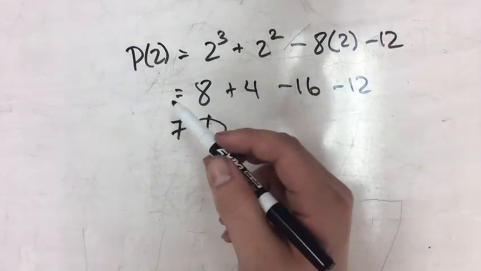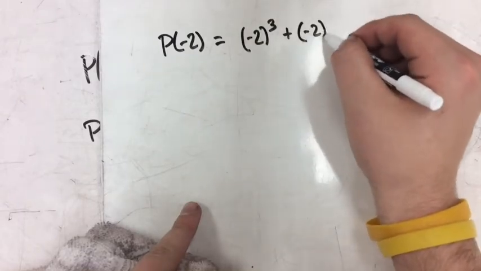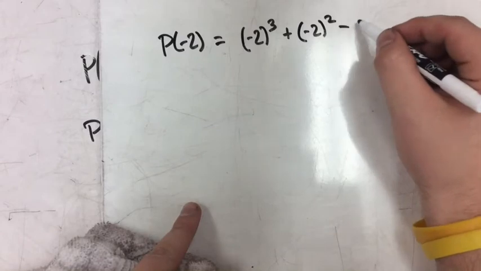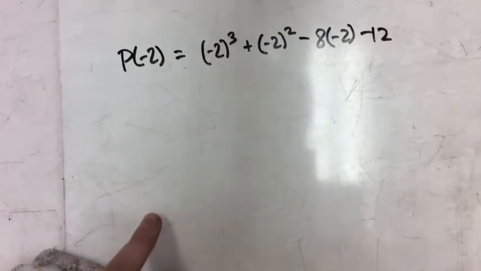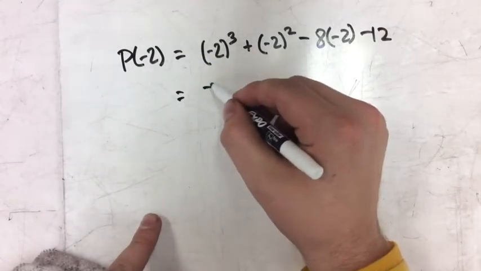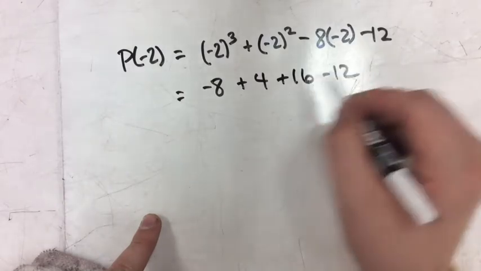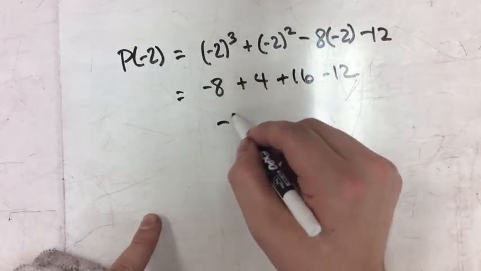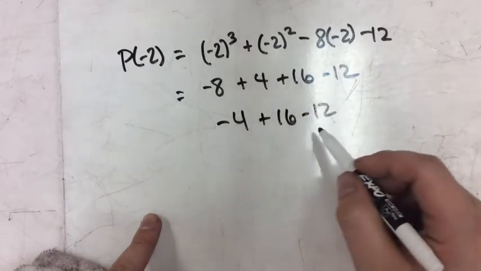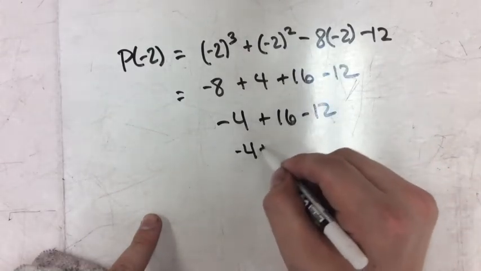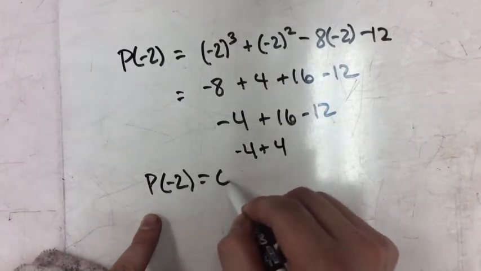Let's try negative 2. Negative 2 cubed plus negative 2 squared minus 8 times negative 2 minus 12. This will give us negative 8 plus 4 plus 16 minus 12. This gives us negative 4 plus 16 minus 12. This gives us negative 4 plus 4. So p of negative 2 equals 0.